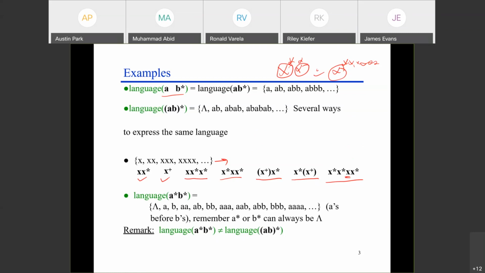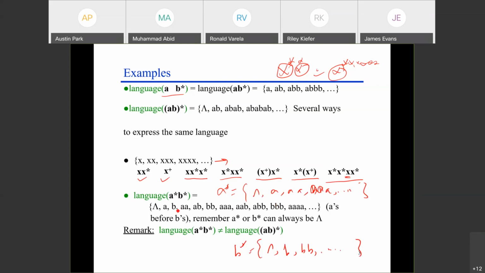So now we have this thing, and we are happy with this. Now we have this language A star, B star. I already explained that. You see lambda, because if you see individually, what is A star? Lambda, A, two A's, three A's, and so on. And B star is lambda, B, two B's, and so on.